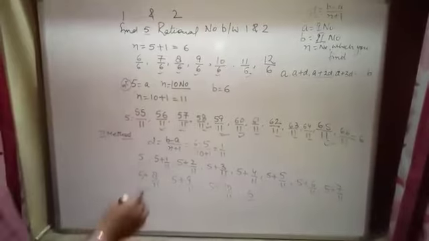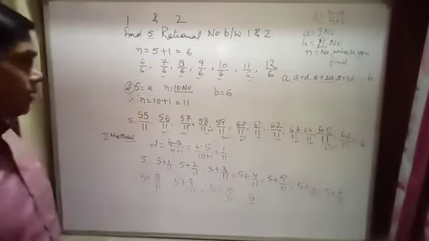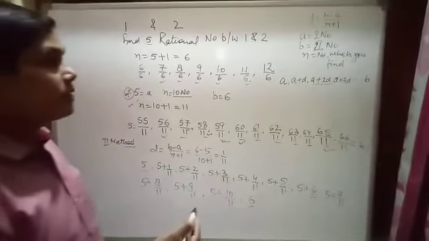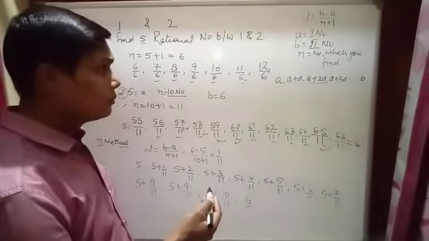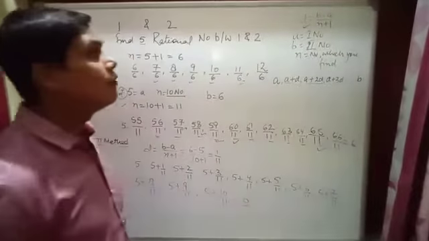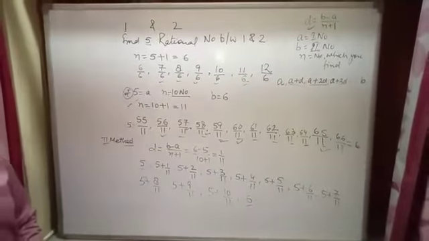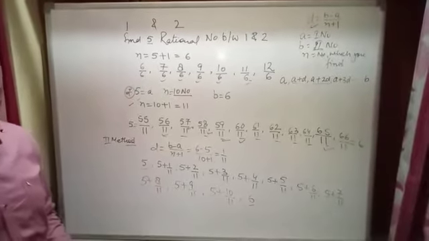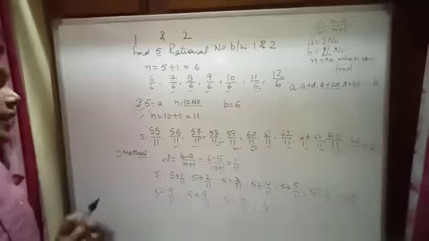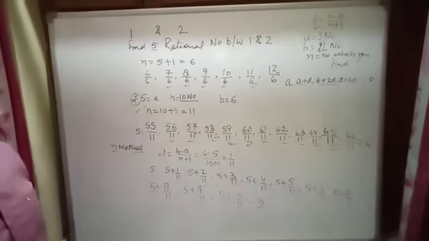But this process is simple for integers, while for fractions or complicated numbers you can use this formula for finding the rational numbers between two given rational numbers. This is not the limit that we can only find 10 numbers between these two rational numbers.